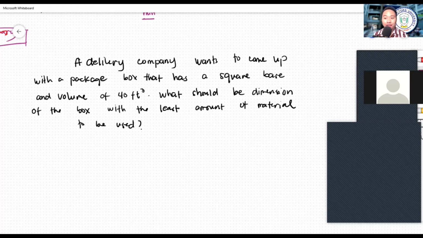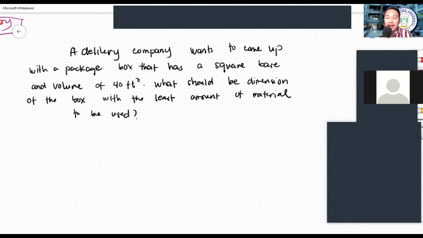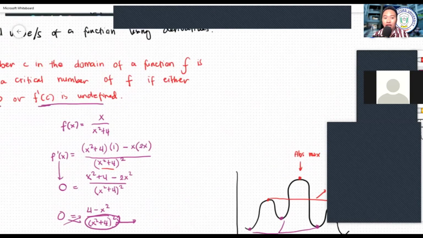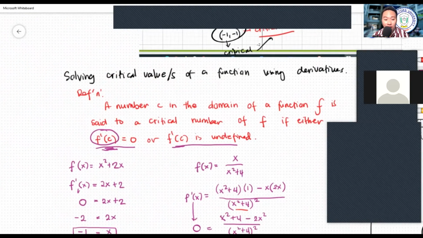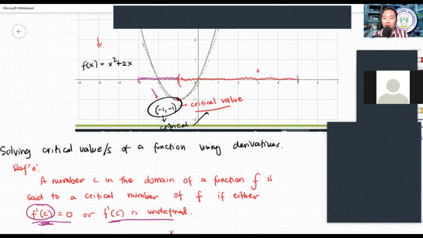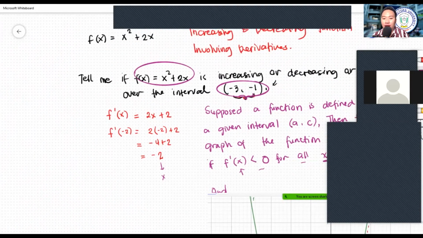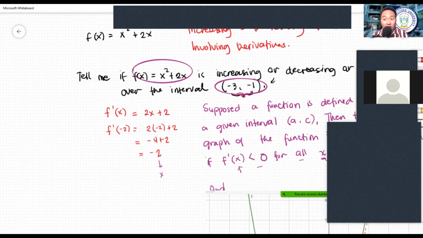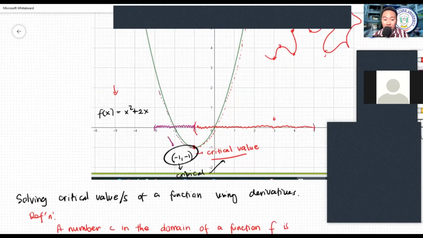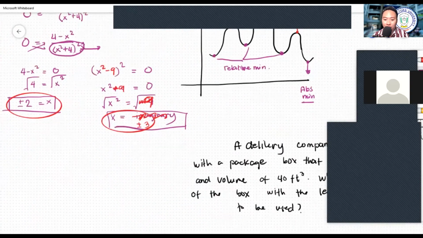So I believe that you understand the problem. Next is you need to create a model. Remember, guys, we have to have a function where we can solve for the critical value, where we can solve if it's increasing or decreasing. So in other words, we need to have a function model that we can work on.